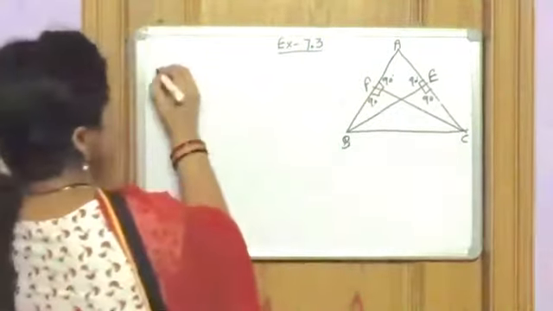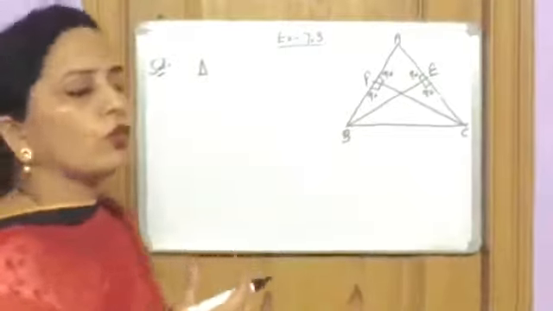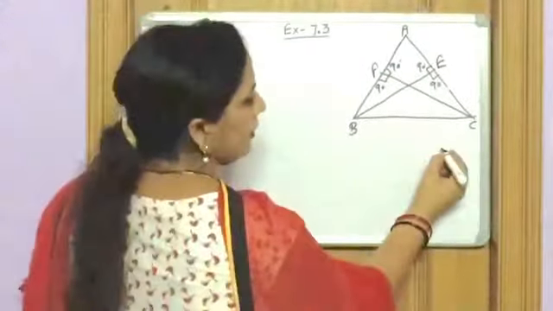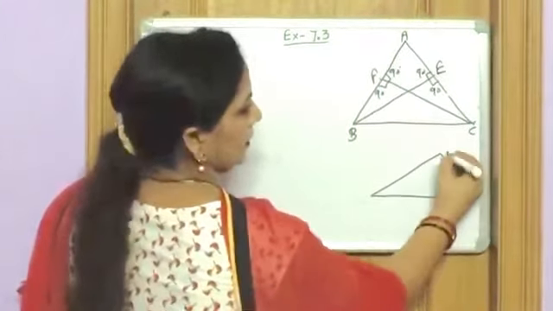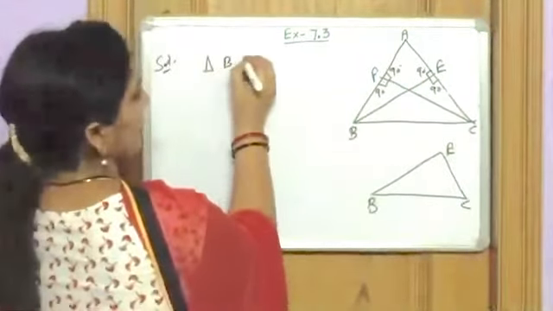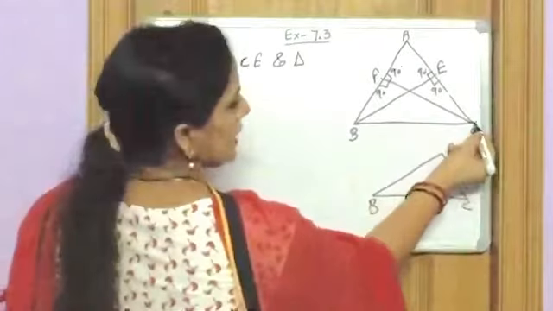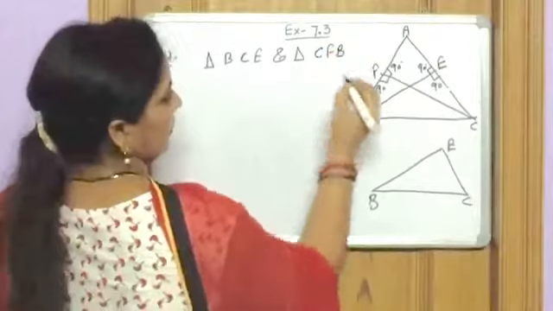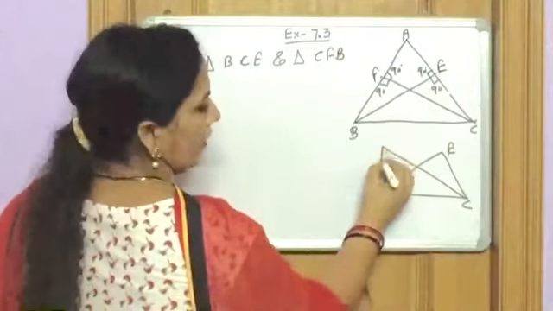First of all, in the solution, write down the names of the triangles which we will follow. We will prove congruence. First triangle is BCE and second one is CFB.